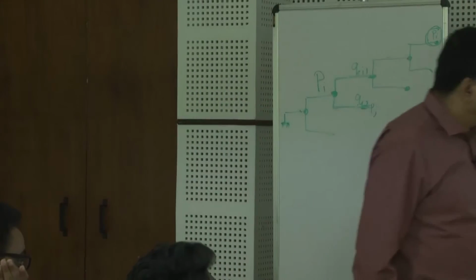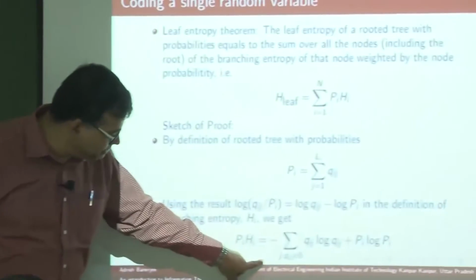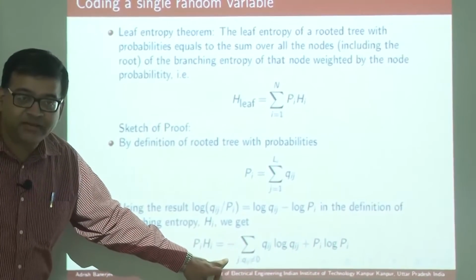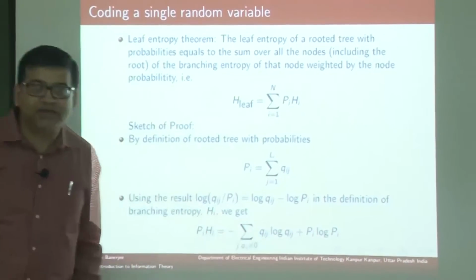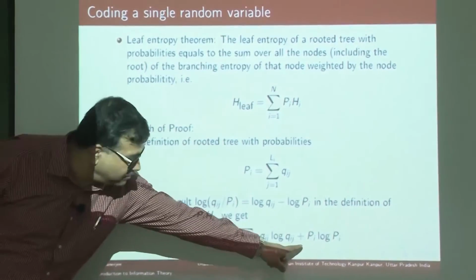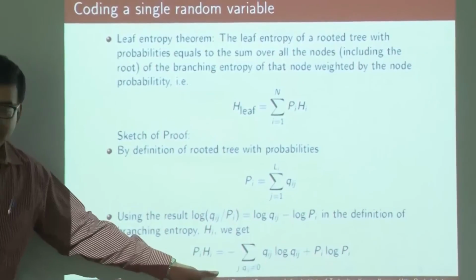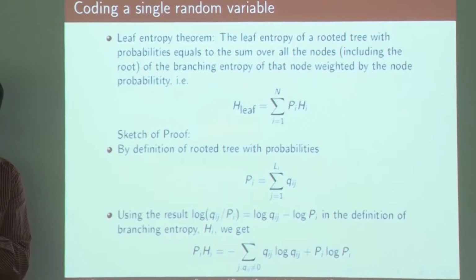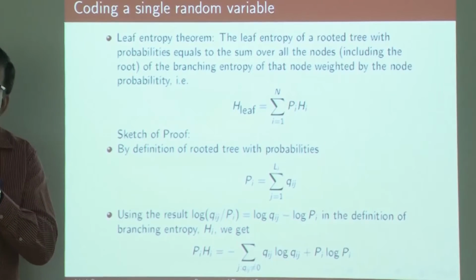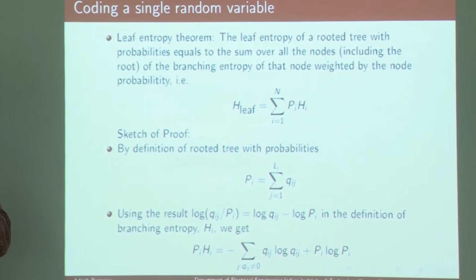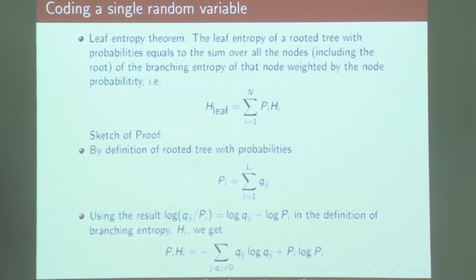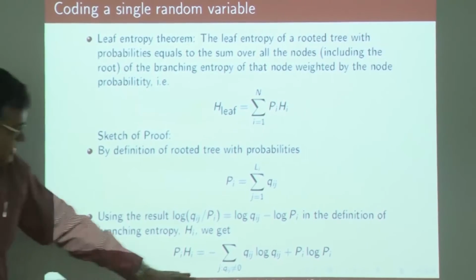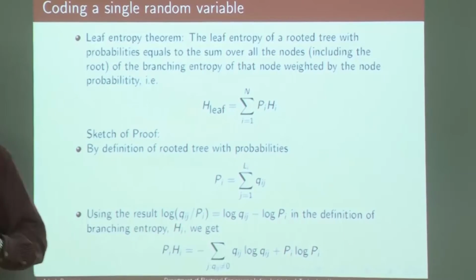Okay, now let us look at this term a little more closely. There is a minus term here and a plus term here. This is the probability at the node, and these are the probabilities at the nodes and leaves stemming from that particular node. So this is adding minus, this is adding plus.